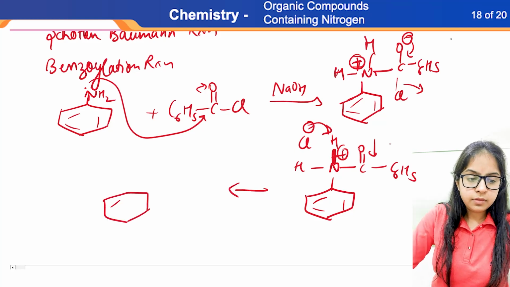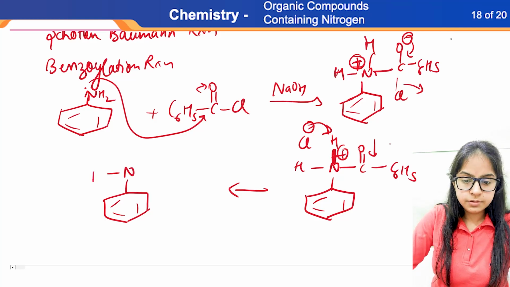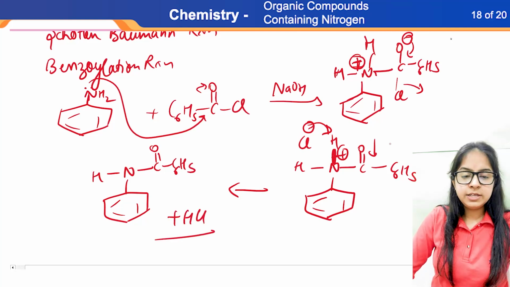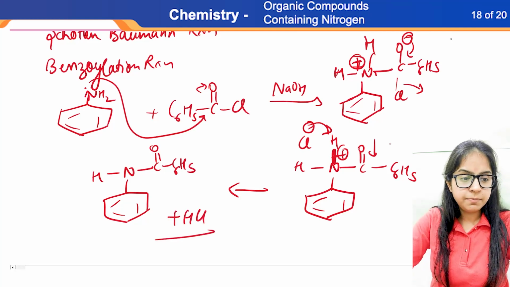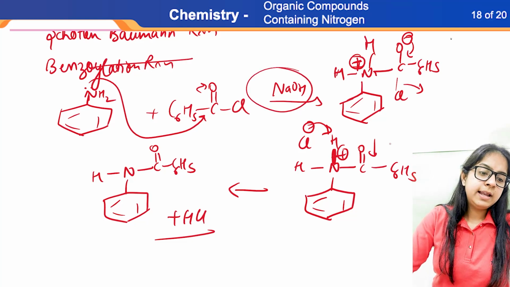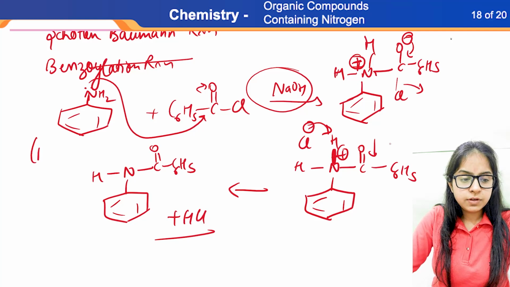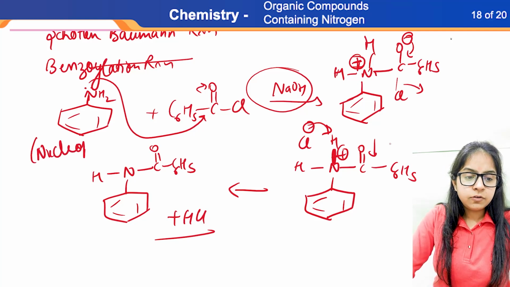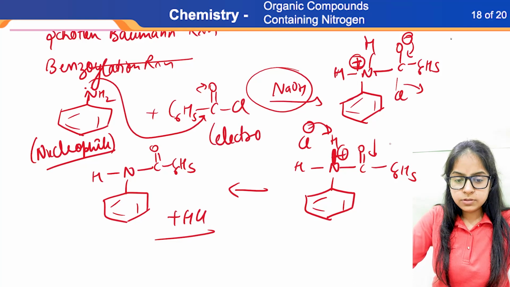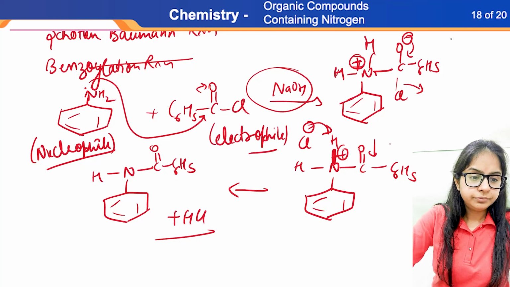Again, nitrogen, hydrogen, CO, C6H5, and HCl is going to get removed. This is benzoylation reaction, Schotten-Baumann type reaction. You just need to remember which one will act as a nucleophile and which one will act as an electrophile. Nucleophile, which is electron rich, and electrophile, which is electron deficient. That's why you just need to remember this one.